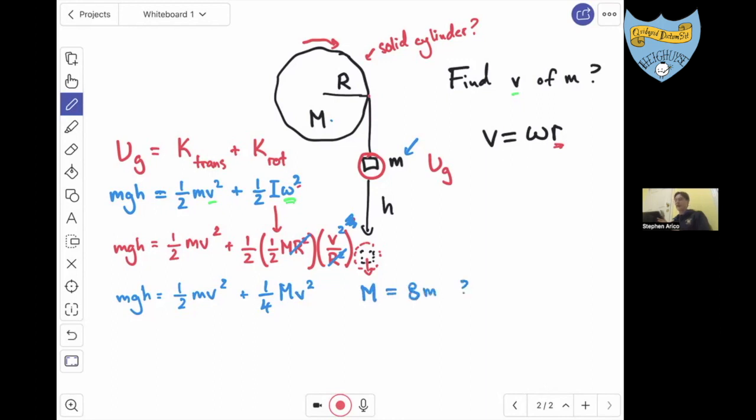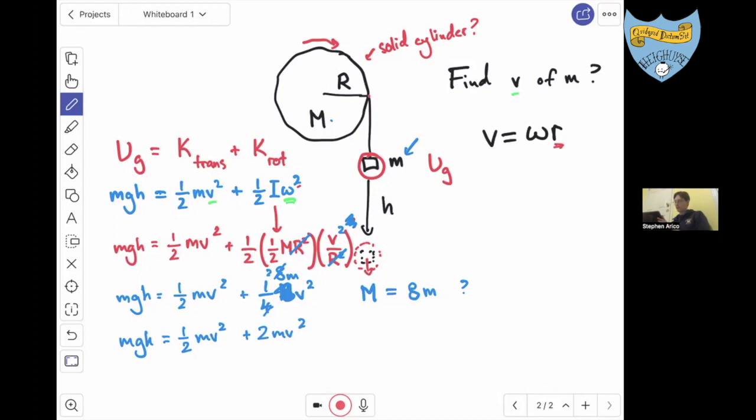Maybe, right? Now if they said something like that, then at this point, we could replace this big M here with 8 little m. And then I guess 8 over 4 is 2. So in another line down here, mgh equals that right there.